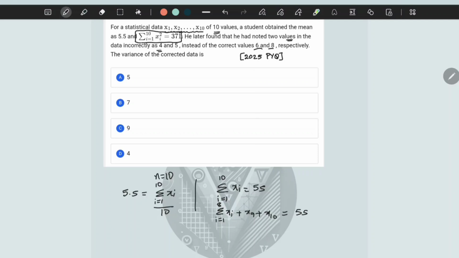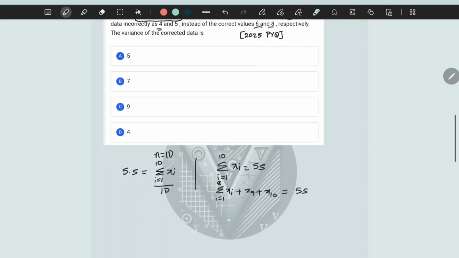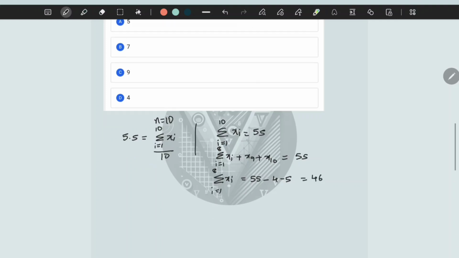Now the incorrect observations are 4 and 5, so what should we do? We will first find this value, that should be 55 minus 4 minus 5. So this should be 55 minus 5 is 50, minus 4 is 46.